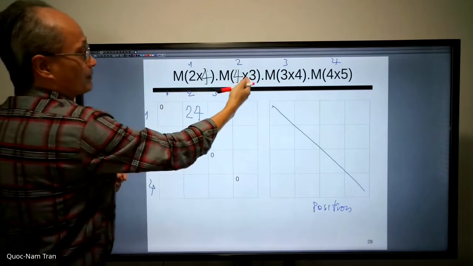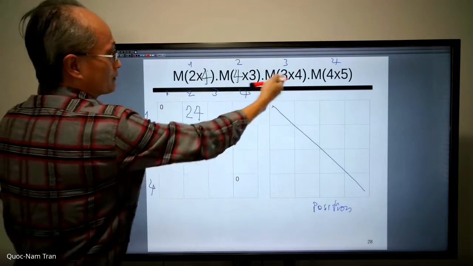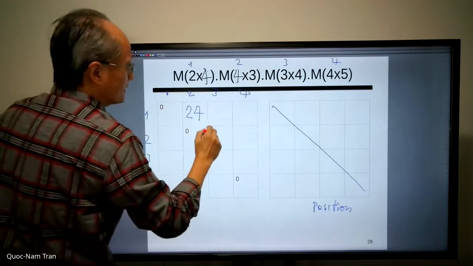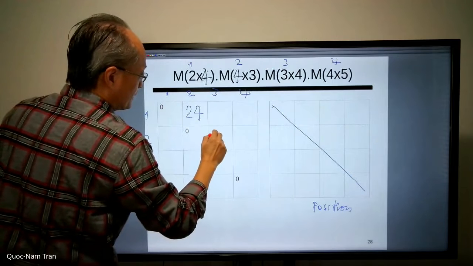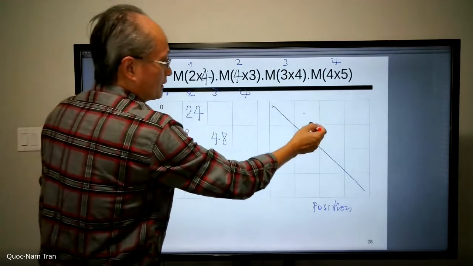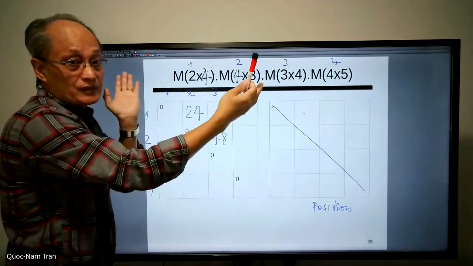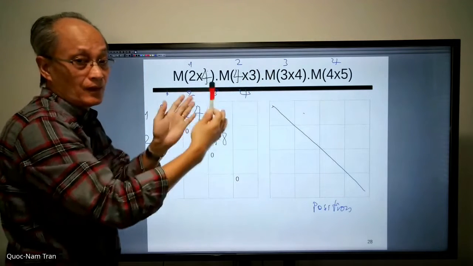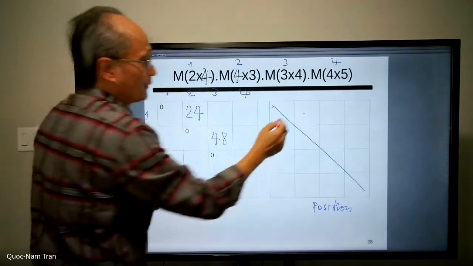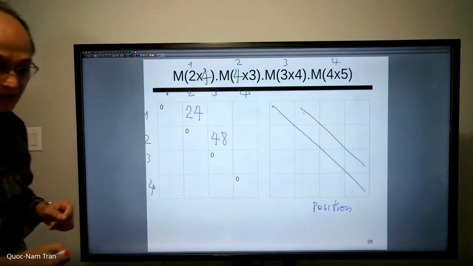So we have 4 times 3 is 12, 12 times 4 is 48, right? So we have 48. There's nothing we fill in here, right? Because we have two matrices, we don't have to partition, right? There's only one way to multiply.